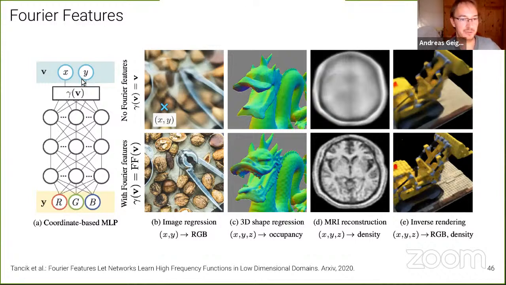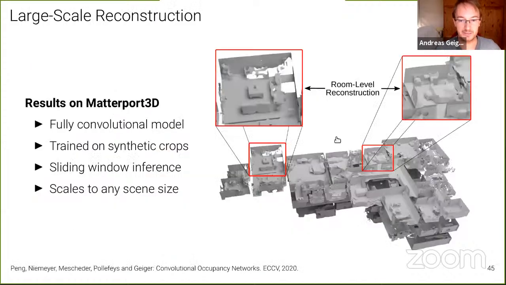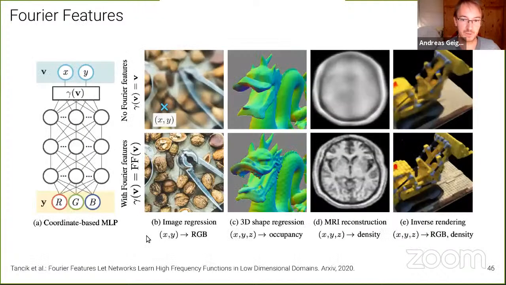What is better for the network, because it has this implicit smoothness bias, is to input an expanded feature representation. For instance, Fourier features, just expanding these features from 3D to, for instance, 60-dimensional Fourier features, leads to much improved results, as you can see here on the bottom, right? So this is another way and can be combined. It's orthogonal to this idea of convolutional occupancy networks to get good results at high resolution.